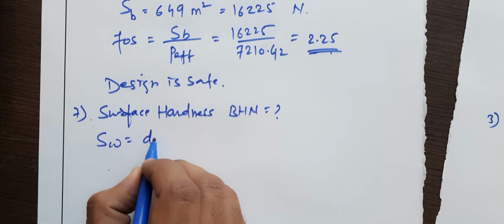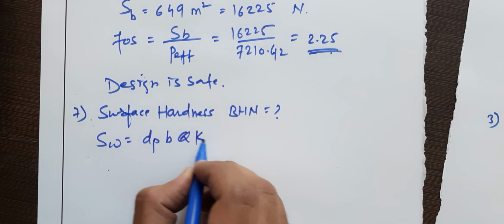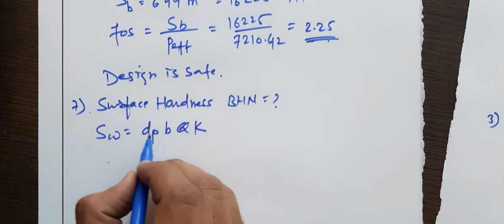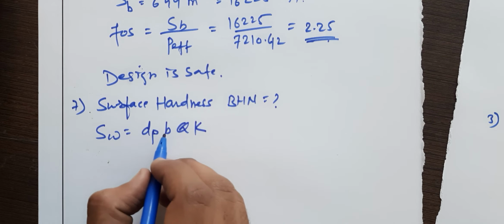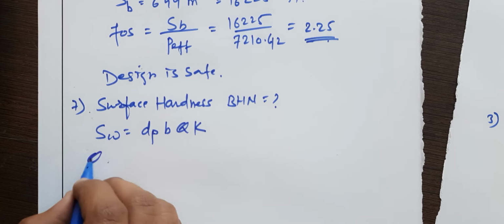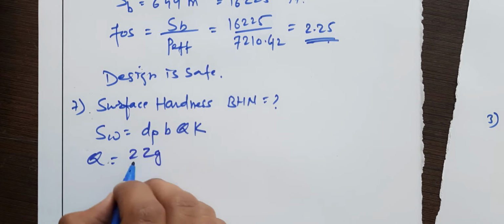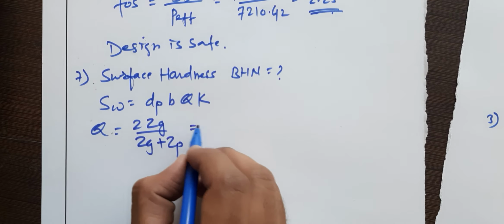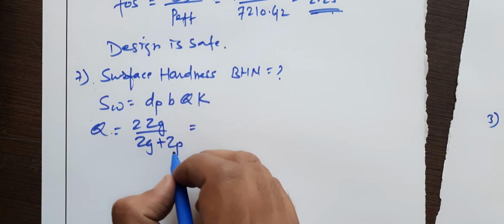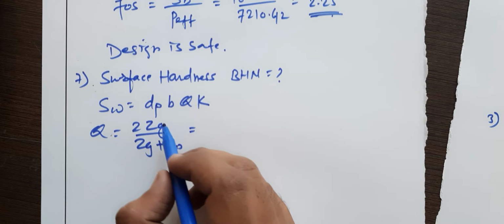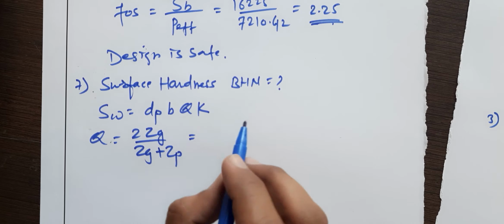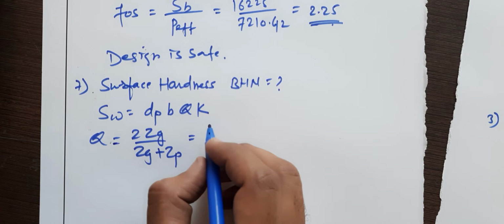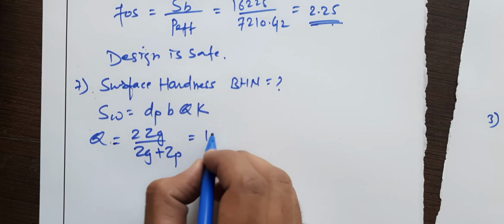SW is equal to dP B Q K. We have calculated dP and we have B, and we need to calculate Q. Q is equal to 2Zg divided by Zg plus Zp, for an external gear pair. If you substitute Zg is 72 and Zp is 18, you will get Q as 1.6.